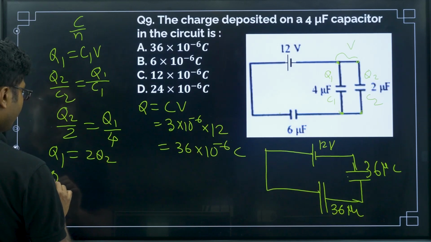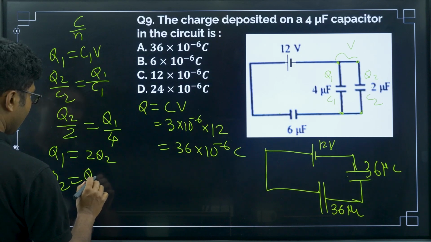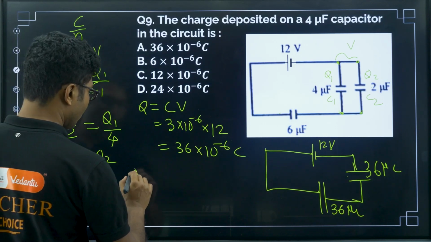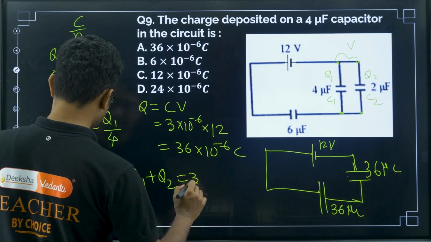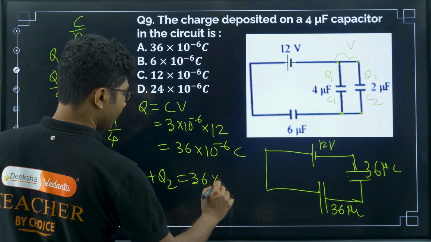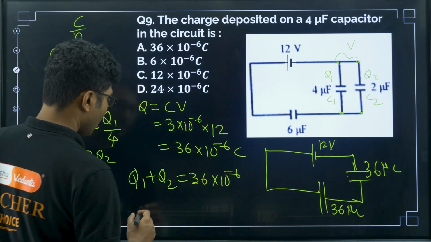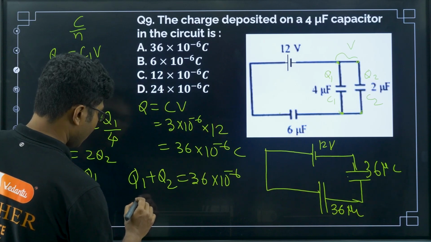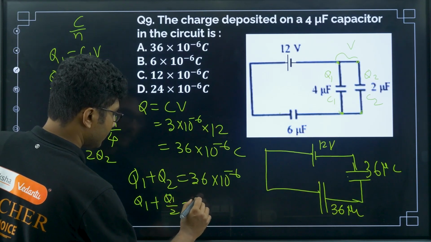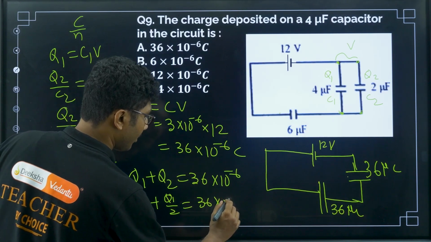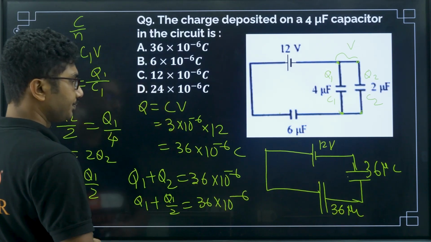Or Q2 is Q1 by 2. Now we know that Q1 plus Q2 is 36 times 10 to the power of minus 6, or Q1 plus Q1 by 2 is 36 times 10 to the power of minus 6.